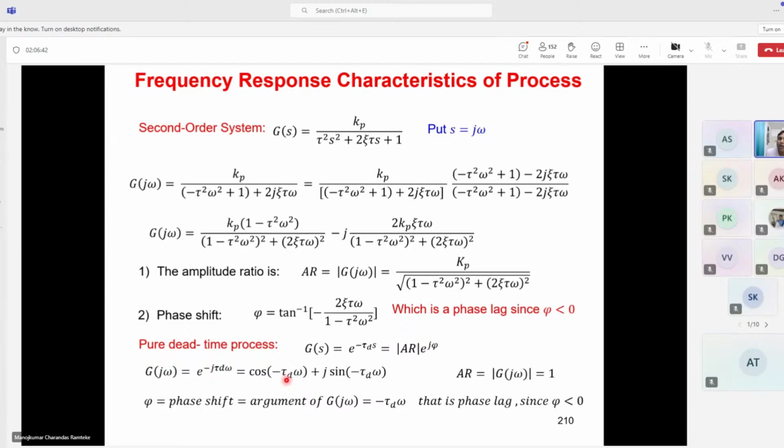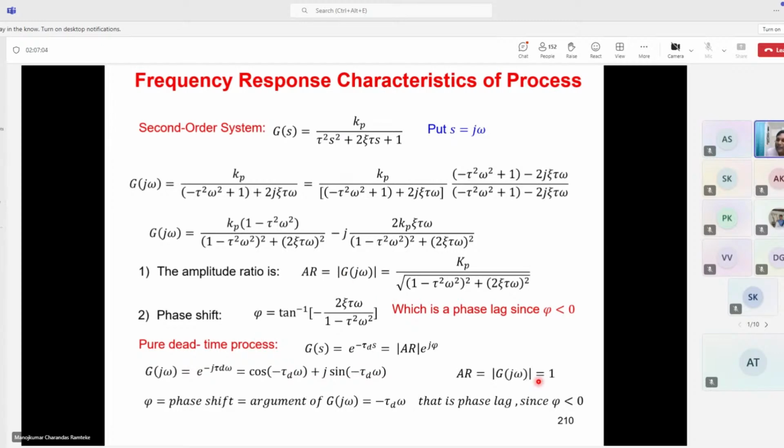But such approximation is not required when you are finding the stability by using frequency response. So slowly we are building the concept. We are going to build the concept of stability by using frequency response as we go ahead. Now we are only building the concepts. We have not even gone to the stability. Is it clear to everyone?